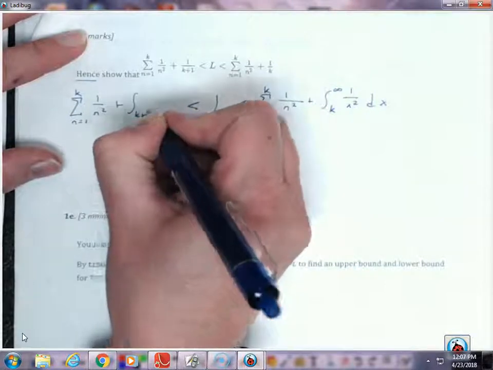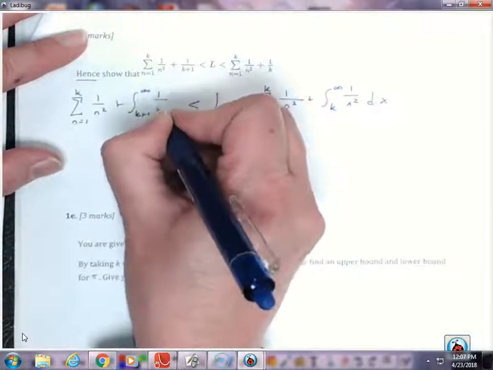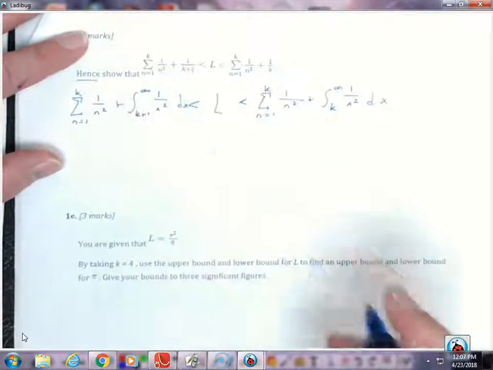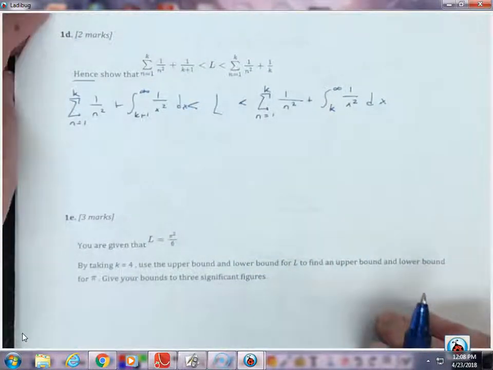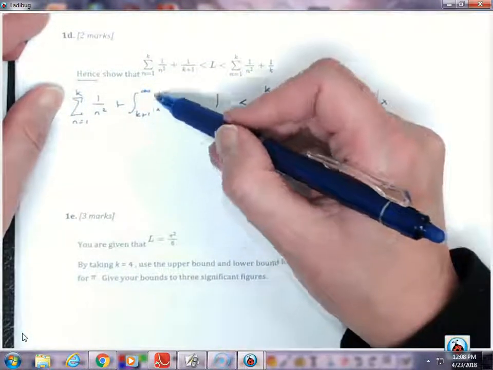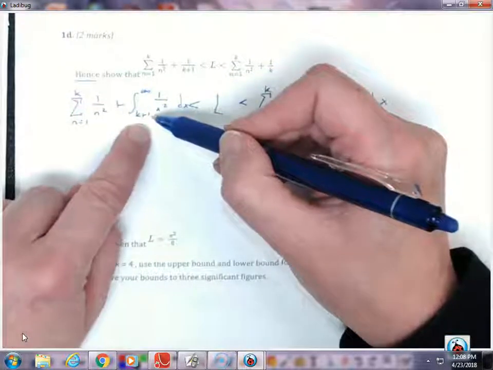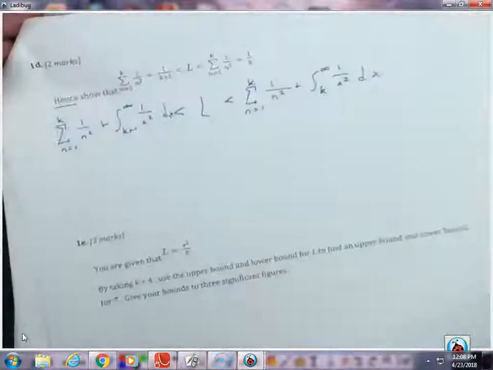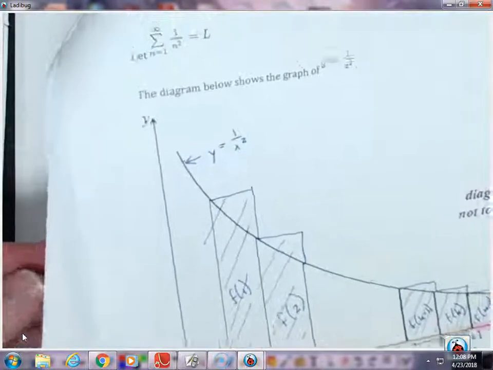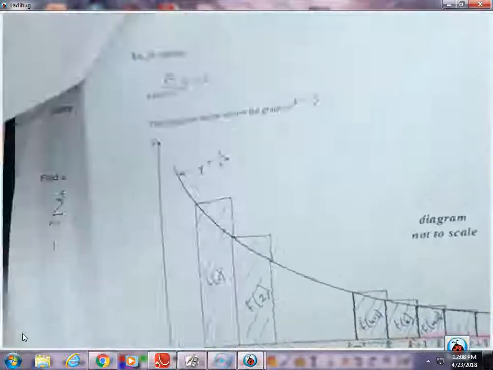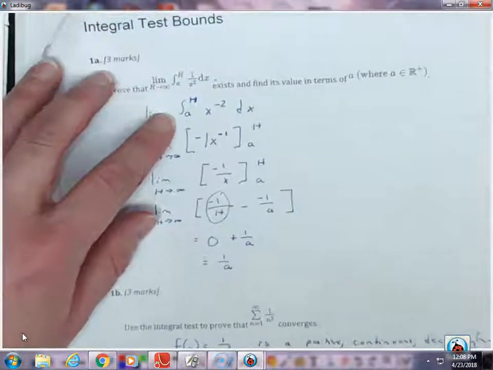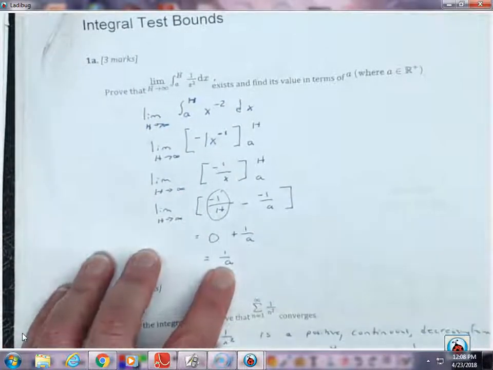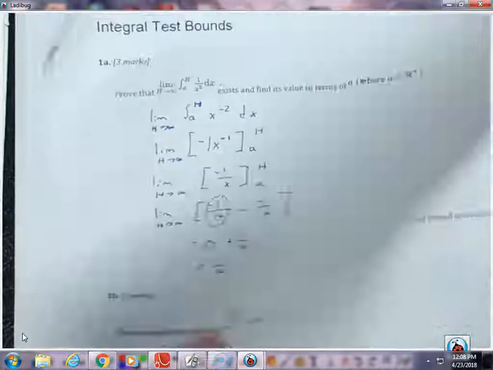Okay, and I'd probably be flipping back, making sure I got all that. But in the very first part, we proved that this integral, I'll just flip back for you. We showed that this came out to be 1 over a, where a was the lower bound.